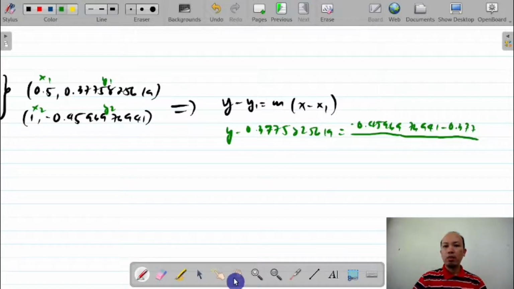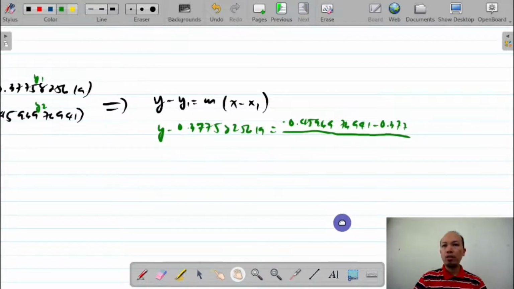So we have to write it all because there will be a huge error if we miss some digits. 8.25619 over x sub 2.